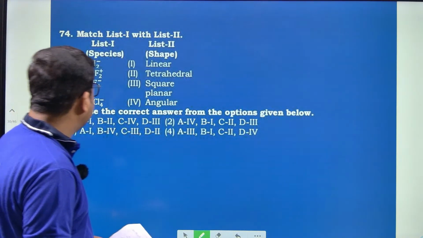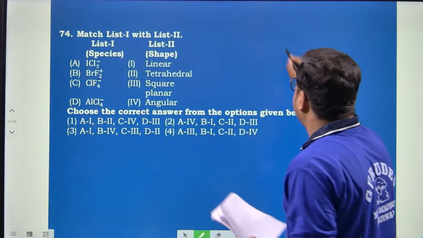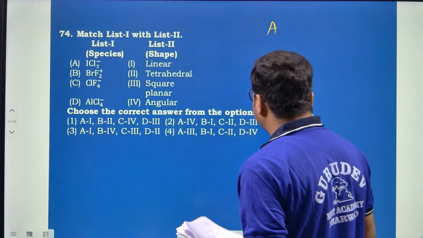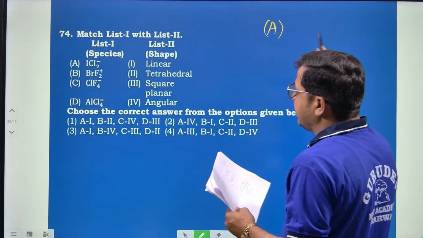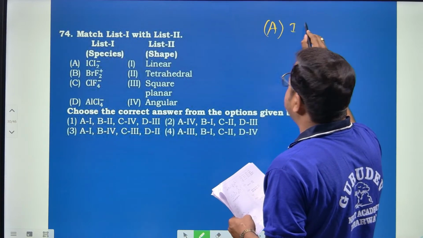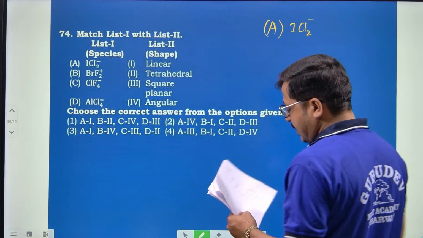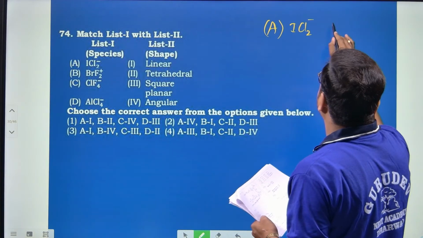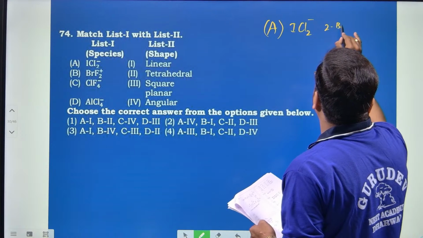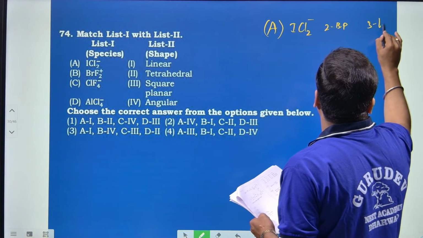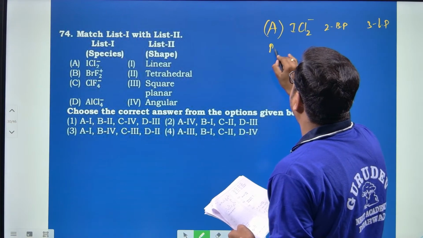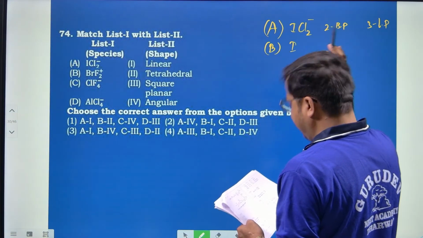This one is option A, ICl2 minus. ICl2 minus contains 2 bond pairs and 3 lone pairs.